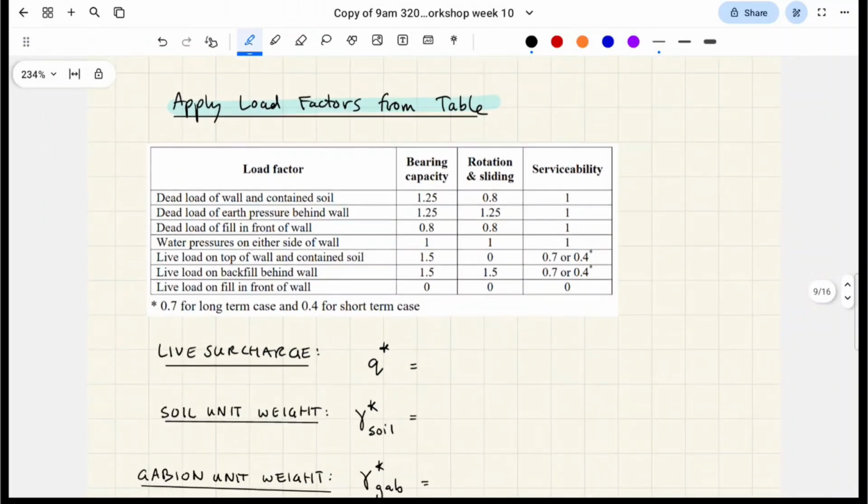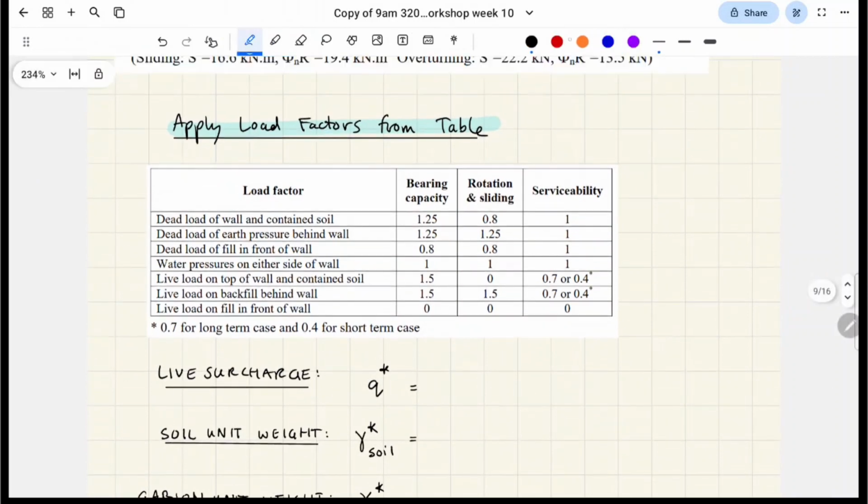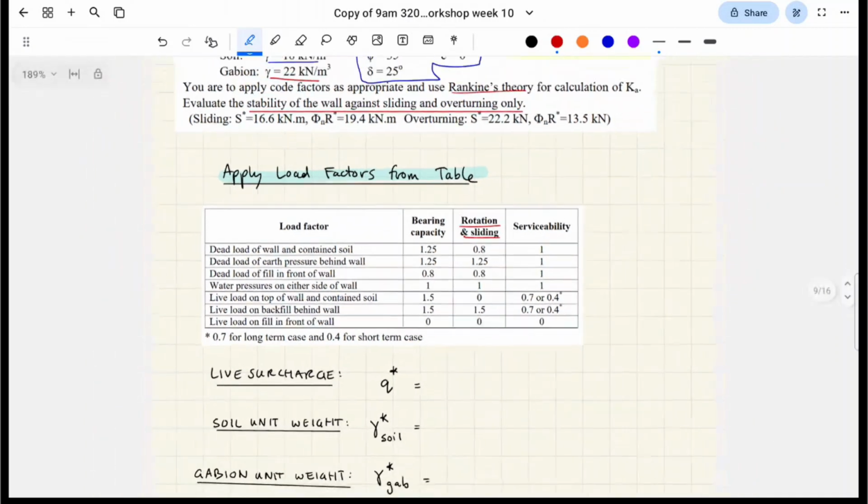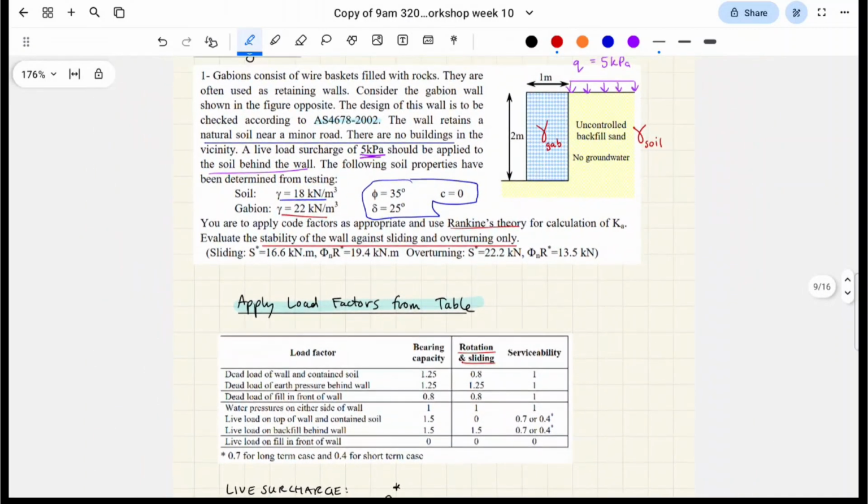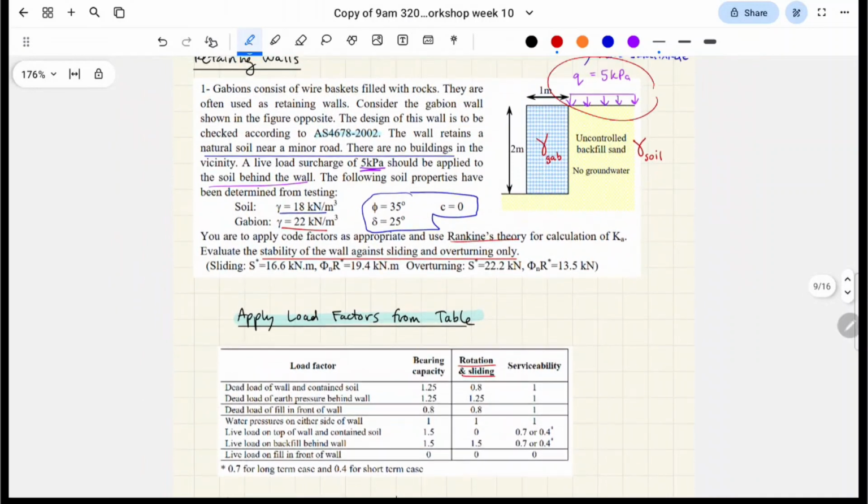Okay, so we're going to be using the load factors, right? So we're dealing with rotation and sliding, yeah? So we're going to look at this column. And in terms of the rows, we're going to have to decipher what all of these things are categorized in. Okay, so let's start with the surcharge.